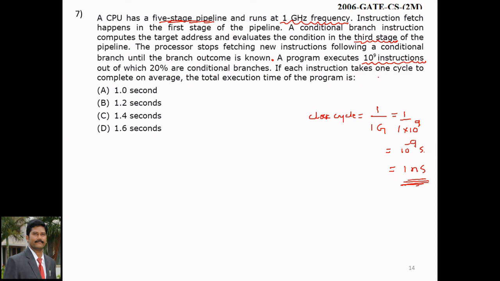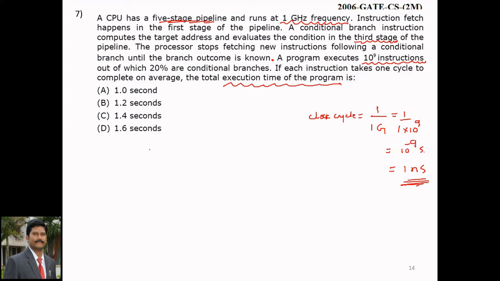If each instruction takes 1 cycle on an average, that means each instruction will take 1 clock cycle on an average, the total execution time of the program is: 1 second, 1.2 seconds, 1.4 seconds, or 1.6 seconds.